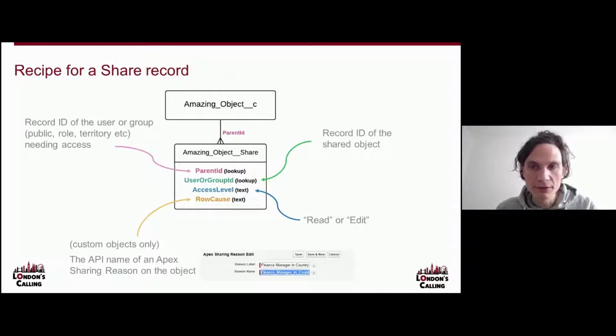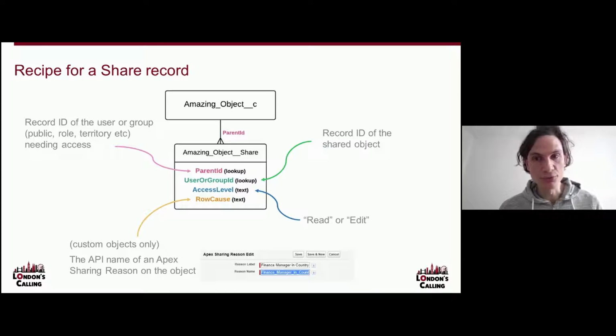So a bit more of a look inside what's going on in these records. Inside a share record, for a custom object, there are four important fields that we need to consider if we're working with Apex managed sharing. Firstly, the parent ID field. This is a lookup to the record being shared.